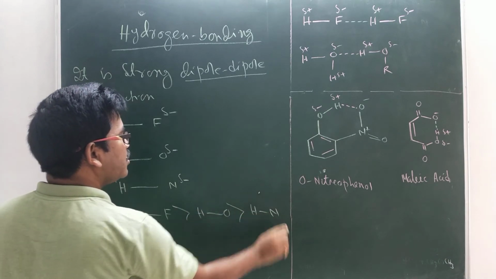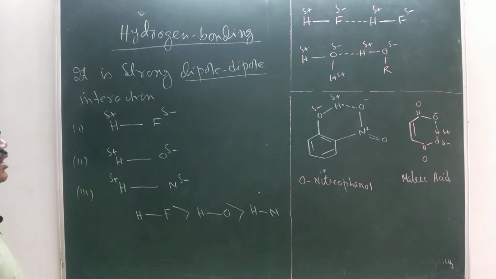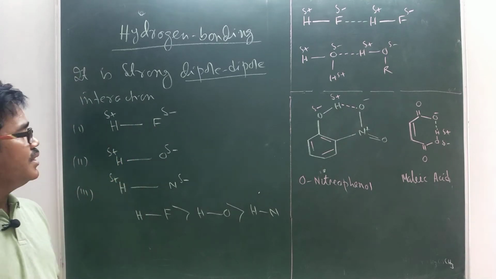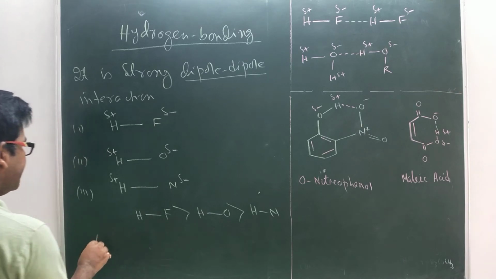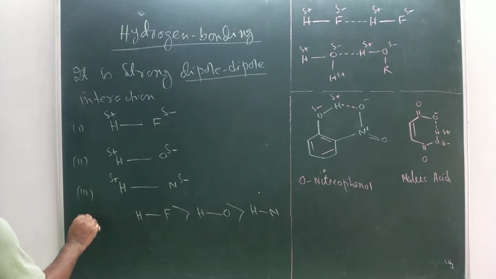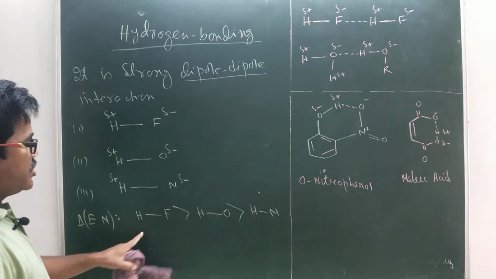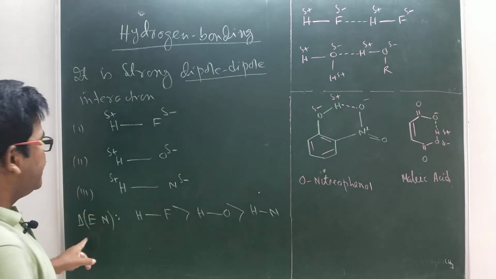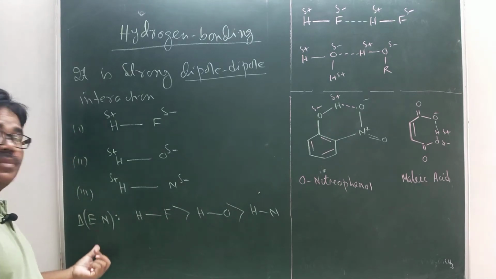Why? Because the difference of electronegativity in the case of hydrogen-fluorine is the highest, then hydrogen-oxygen, then hydrogen-nitrogen. Bond polarity depends upon the difference of electronegativity.